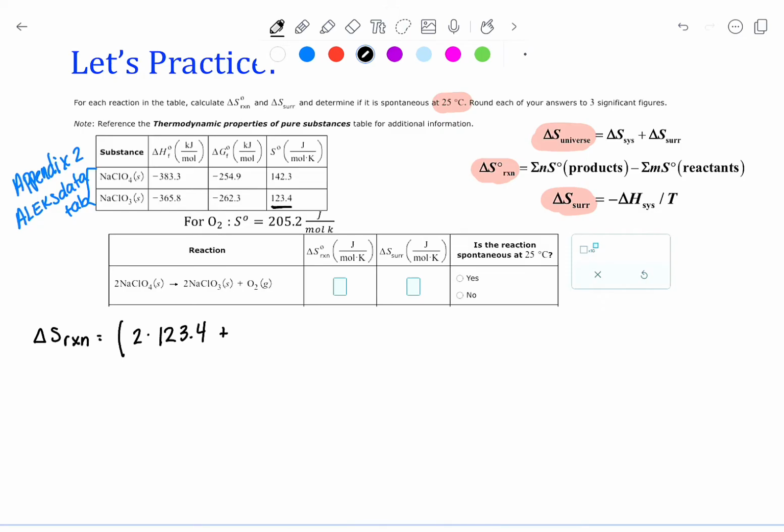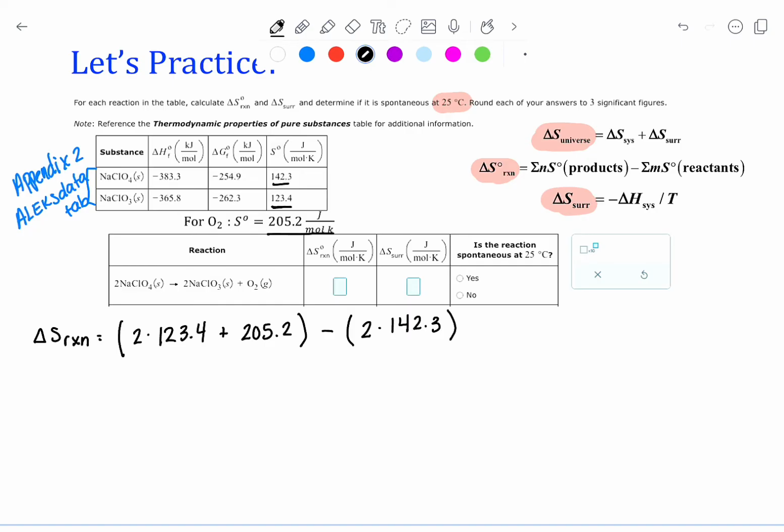Remember that every compound and element has a value for entropy, which is given here as 205.2. We then subtract off the entropies of the reactants, which in this case is 2 times that of NaClO4, which is 142.3.